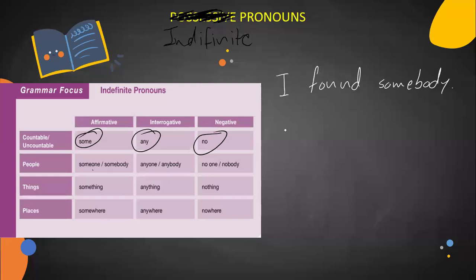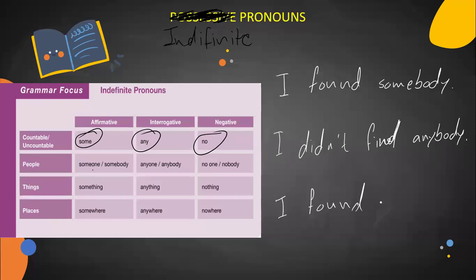Then, when I talked about the second class, I didn't find anybody. After that, when I entered the class, I found nobody there.